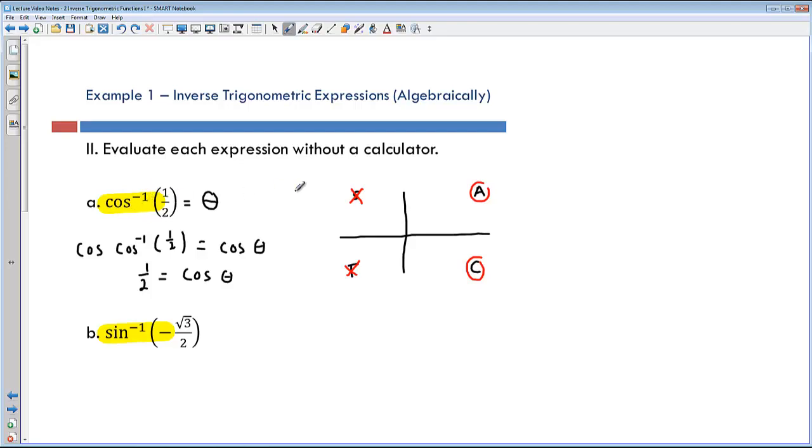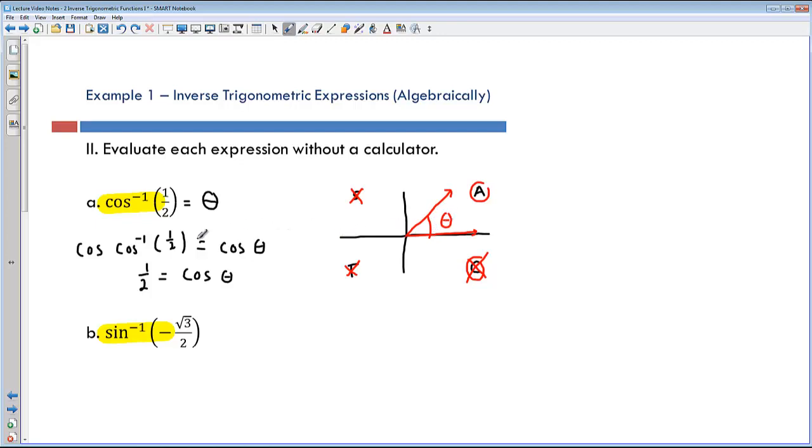And so you always choose the best one. So if you think about which is the best quadrant between this one and this one, hopefully you're like, this one's the best. So I'm going to put my angle in the first one, and we'll talk more about why later. But you want to choose the best quadrant that's left over. And so this is going to be your theta.